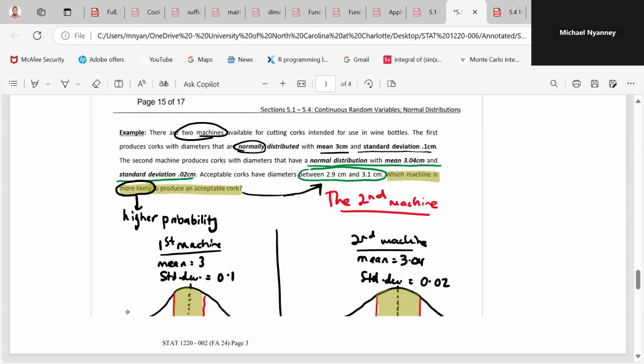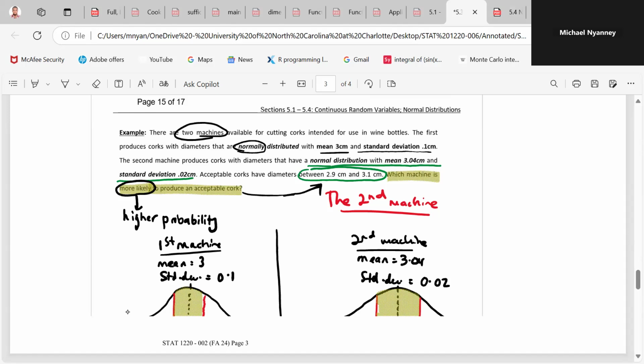And the second machine produces corks with diameters that have a normal distribution with mean 3 and standard deviation. Acceptable corks have diameters between 2.9 cm and 3.1 cm. Which machine is more likely to produce an acceptable cork?